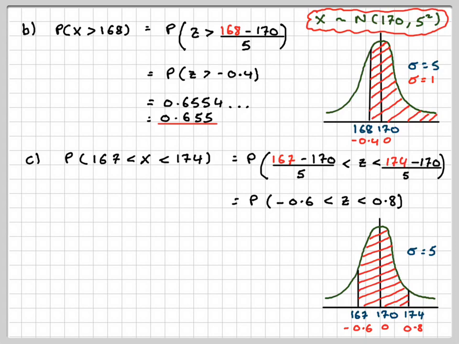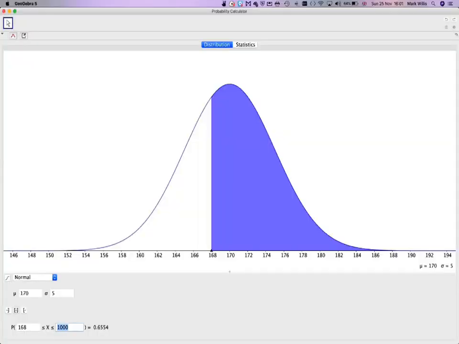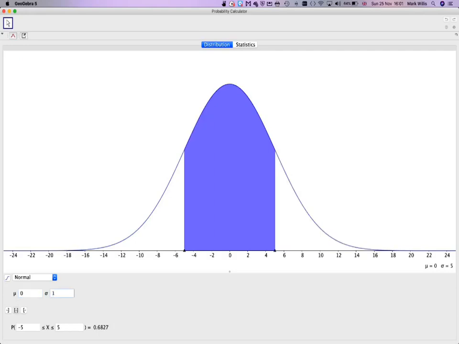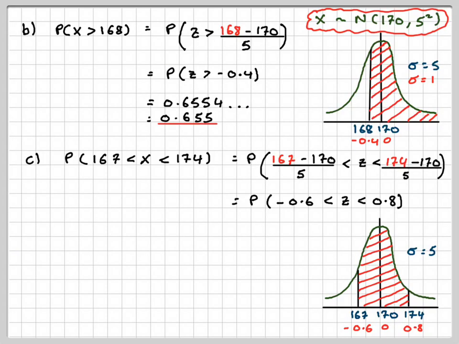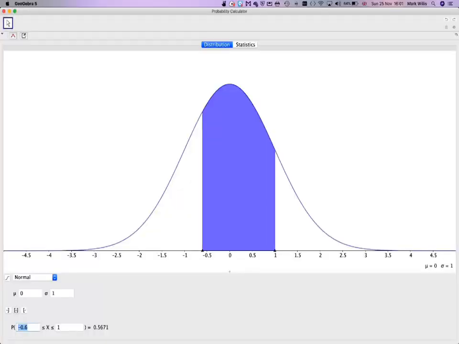So going to GeoGebra, so changing these back to mean of 0 and standard deviation of 1, and we want this to be minus 0.6 and 0.8.